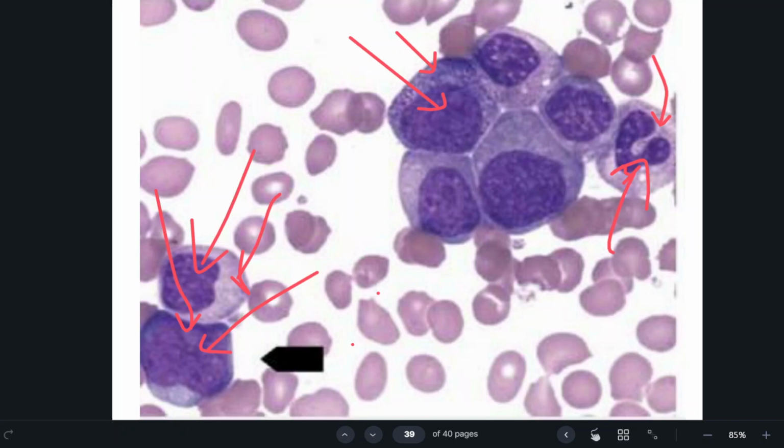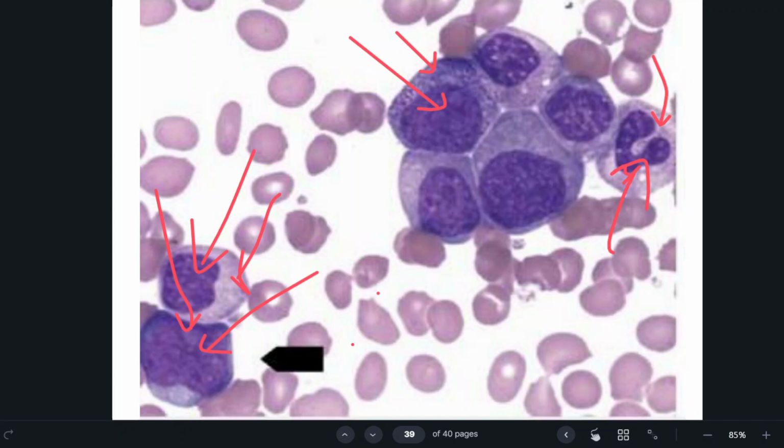So marked splenomegaly and dragging sensation in the abdomen, elderly age, and the peripheral smear shows marked leukocytosis with the shift left, myelocyte, metamyelocyte, band, etc. in the peripheral blood, and 1 to 2% blast. And there is basophilia, more than 2% basophils. So these are the peripheral smear findings in the chronic phase of CML.